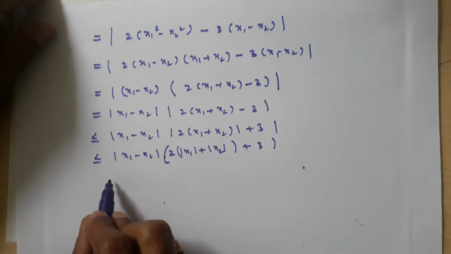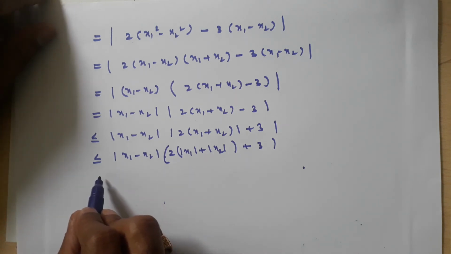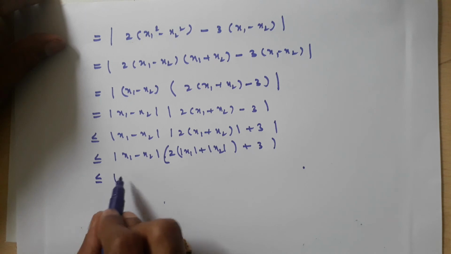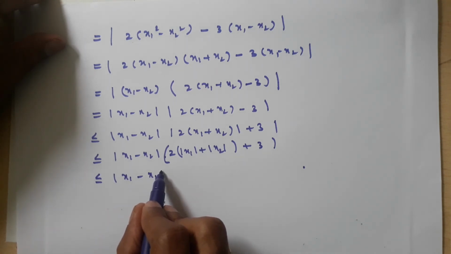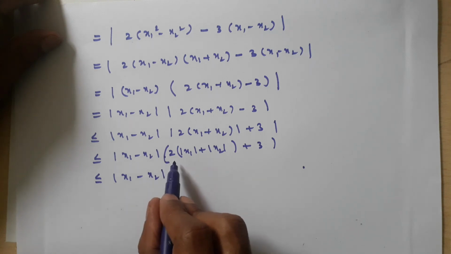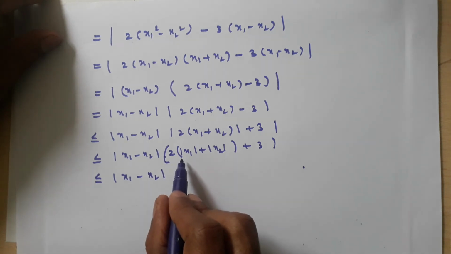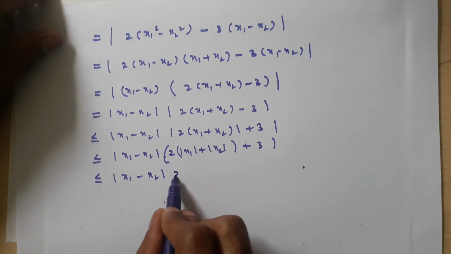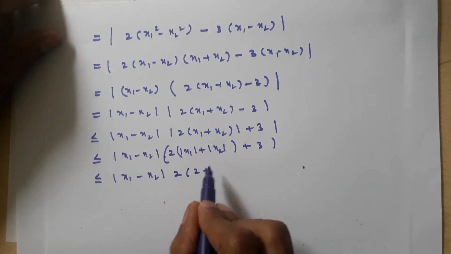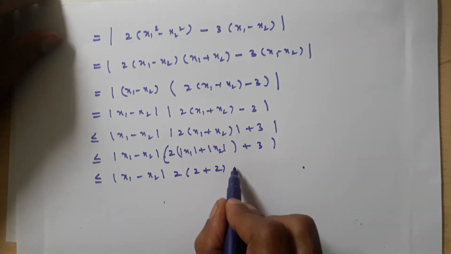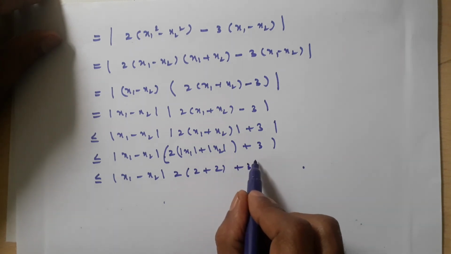Right, which is less than or equal to mod of x1 minus x2, and this value is 2 into, and this is 2 plus this is 2, and this is plus 3.